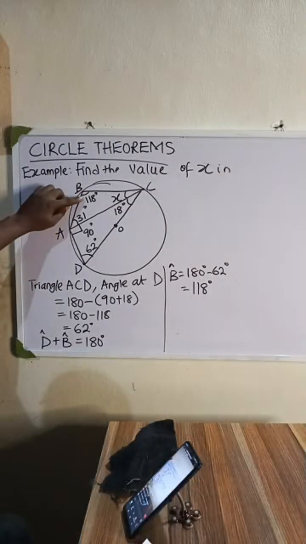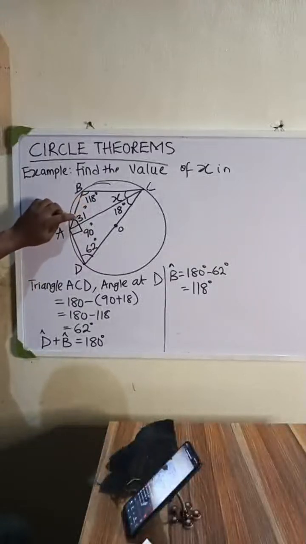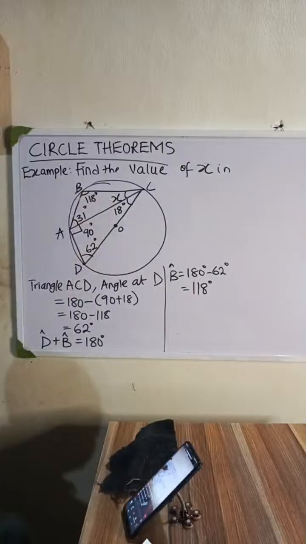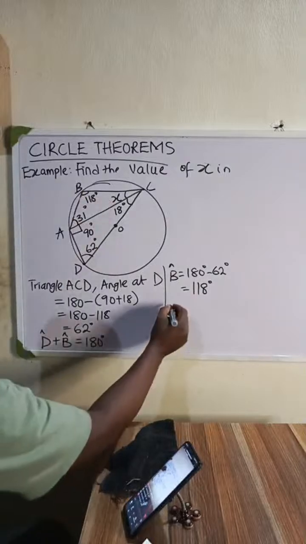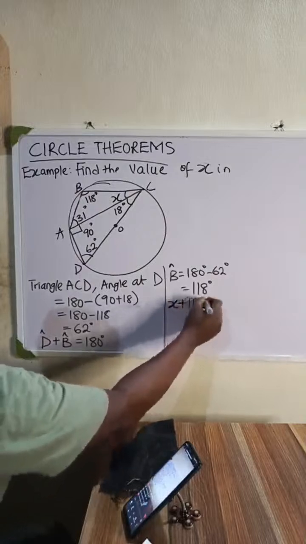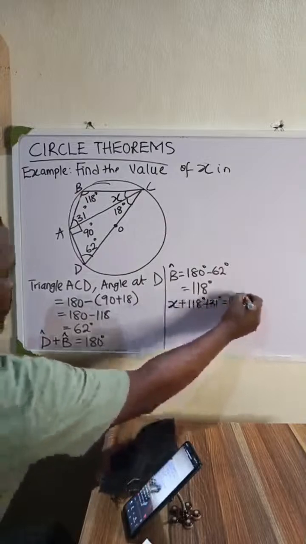So this angle at B is 118 degrees. So this angle plus this angle gives us 180 degrees. So x plus 118 degrees plus 31 degrees is equal to 180 degrees.